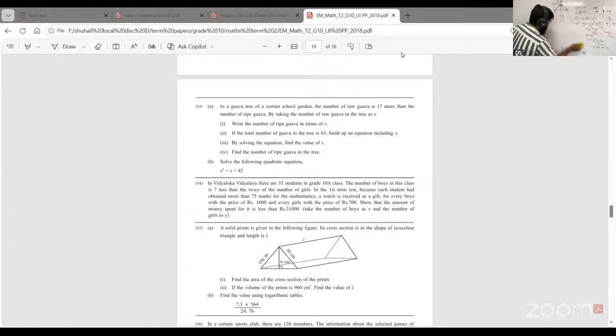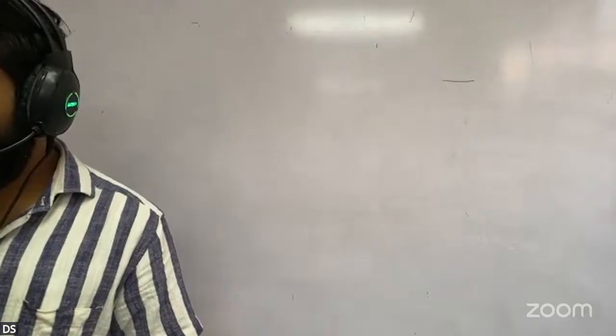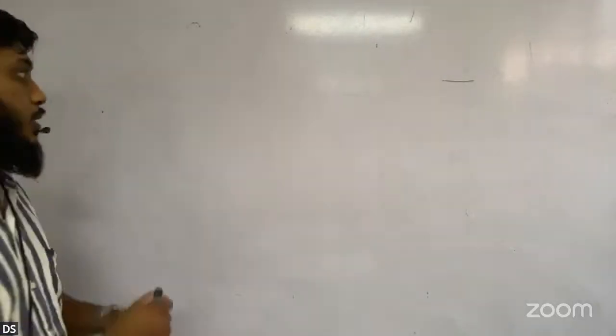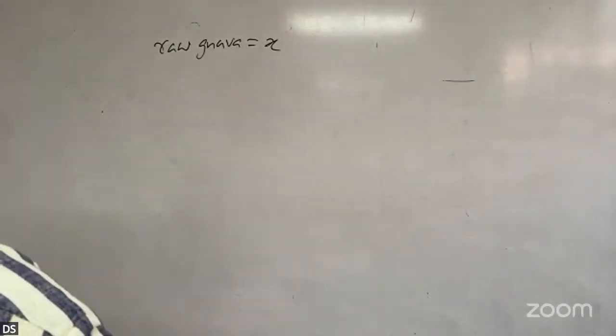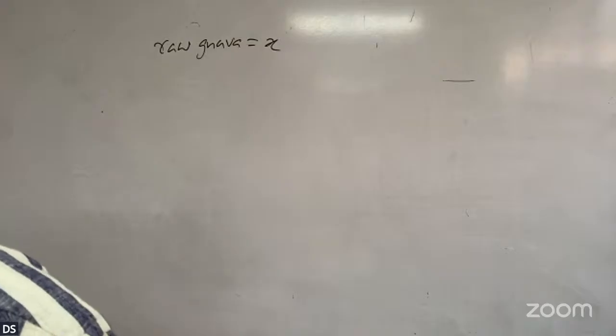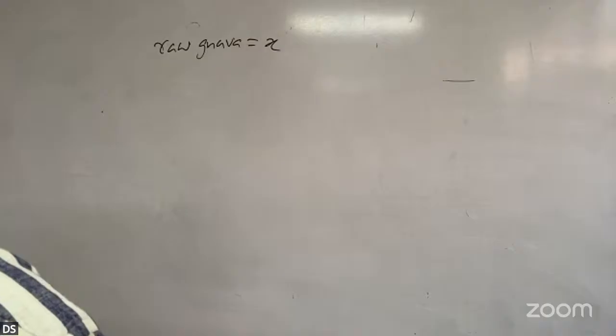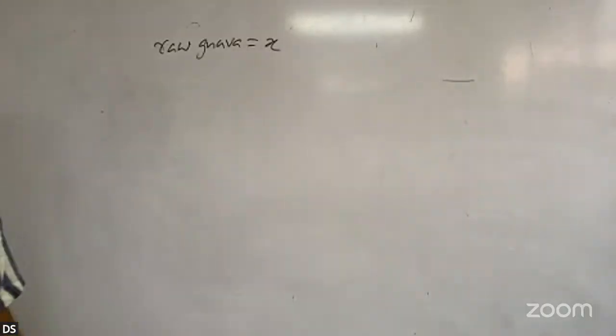Now, first of all, I will write. In a guava tree of a certain school garden, the number of raw guavas is 17 more than the number of ripe guavas. They have asked to take the raw guavas as x. So what is the connection? The number of raw guavas is 17 more than the number of ripe guavas.